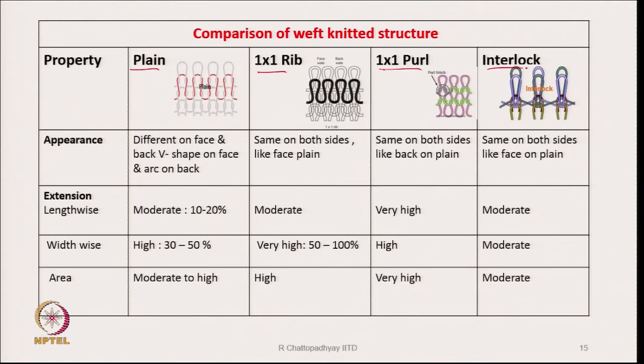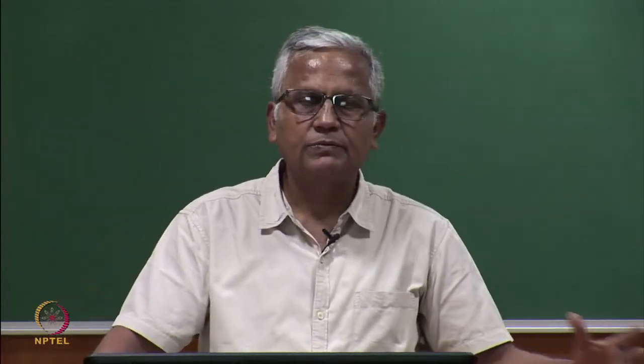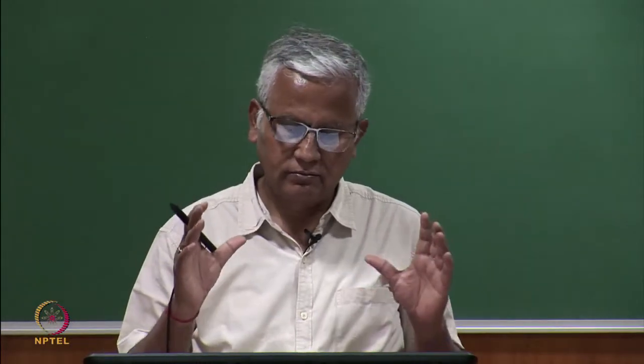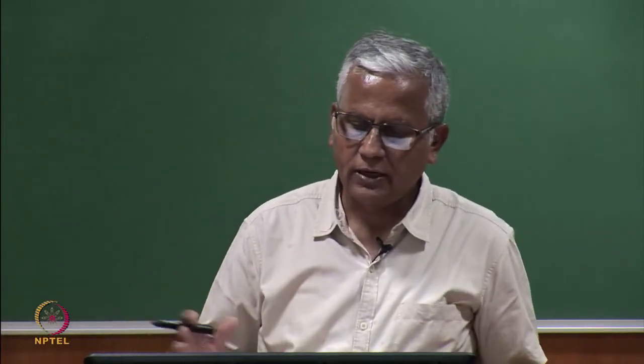These are the 4 structures which have been taken for comparison, because if we decide that we have to go for a knitted fabric, the immediate question will come, which type of structure we should choose, or which one will particularly suit a specific application, or whatever we were trying to design, which particular type of knitted structure will be the best.